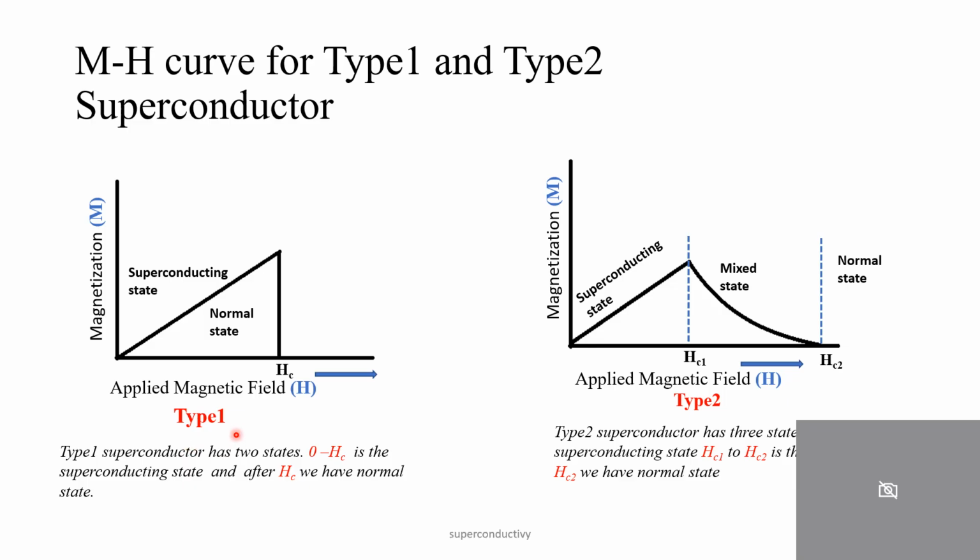In case of type 1 superconductor, the critical magnetic field is very low, but in case of type 2 superconductor, the critical magnetic field is large compared to the type 1 superconductor. This type 1 superconductor is also called the soft superconductor, as their critical magnetic field is small, and the type 2 superconductor is called the hard superconductor, as their critical magnetic field is large.